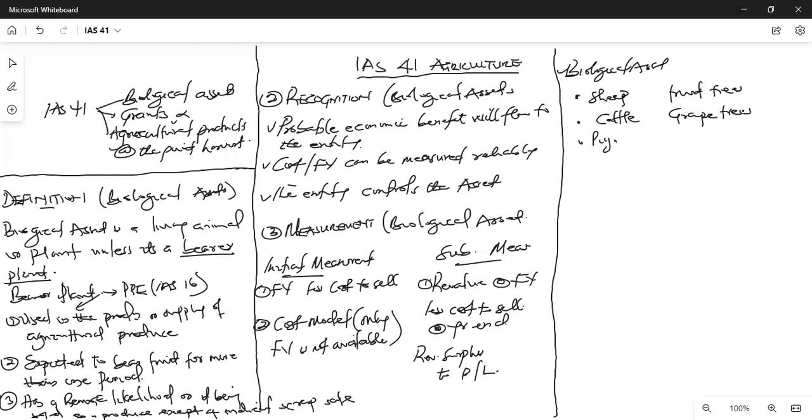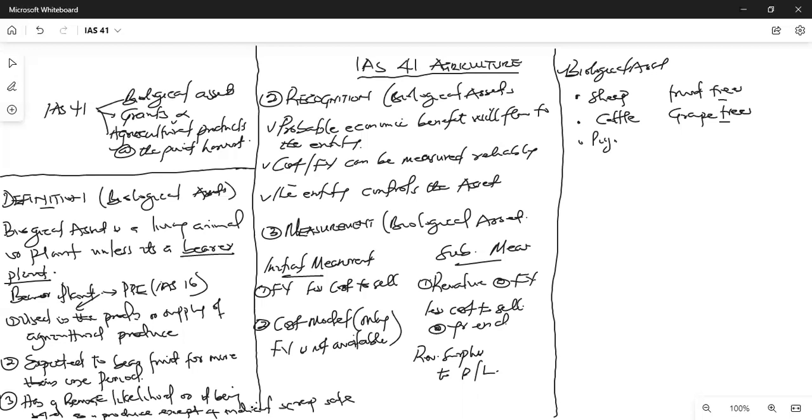So what you are supposed to understand is that even if these trees, whatever we are talking about, have these three recognition criteria stated in the question, then you need to go ahead and treat them as bearer plants. All right. So be careful, and be able to distinguish between the two. All right. So you can get more examples that you want.